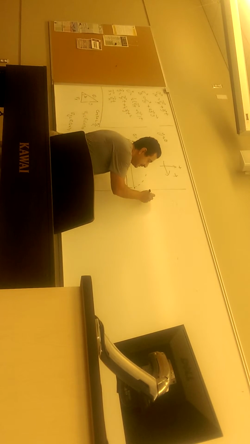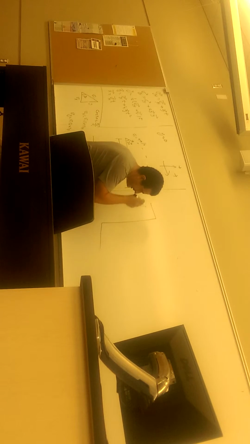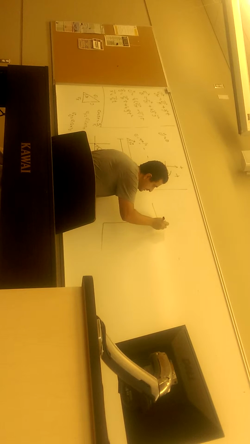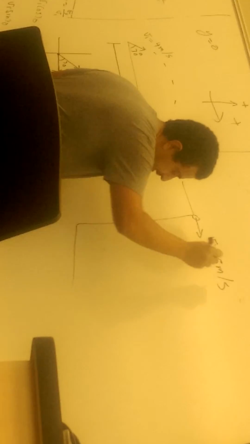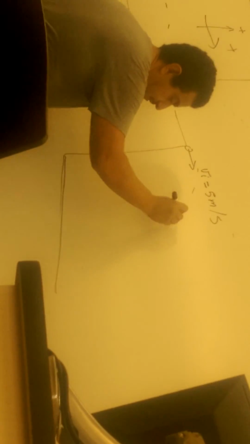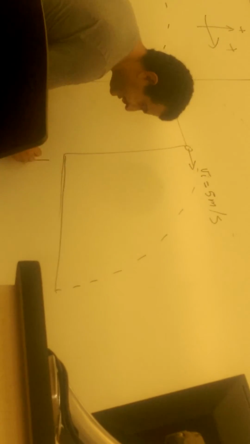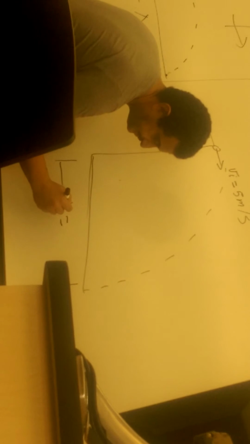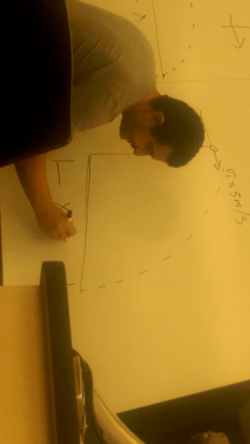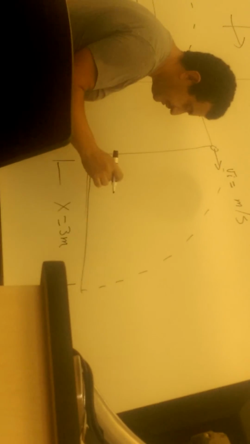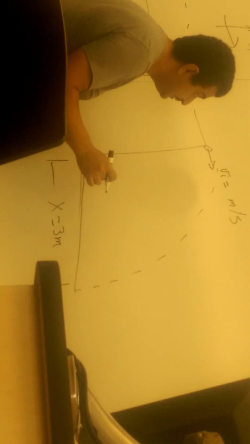Another example I want to do is what if you shoot an object in this direction? V initial is 5 meters per second. It lands here, about, say, 3 meters. So it goes straight out from the top.